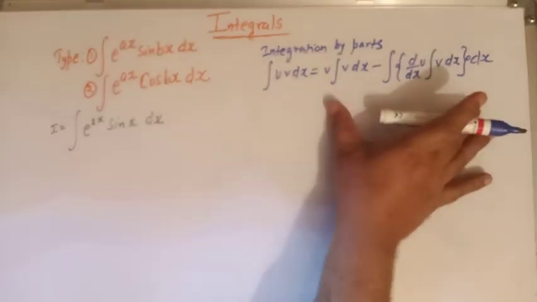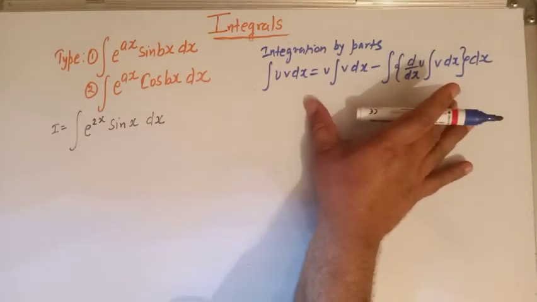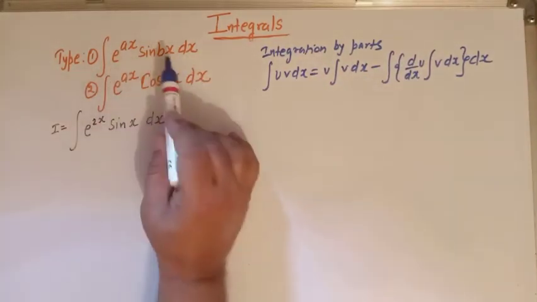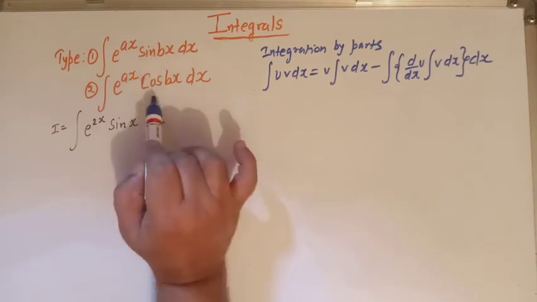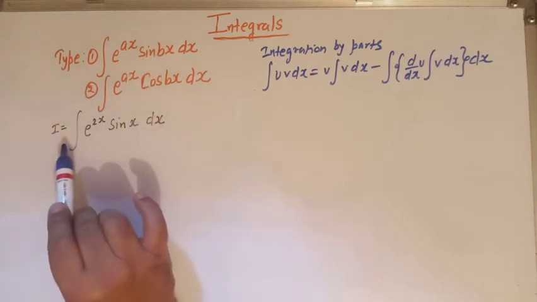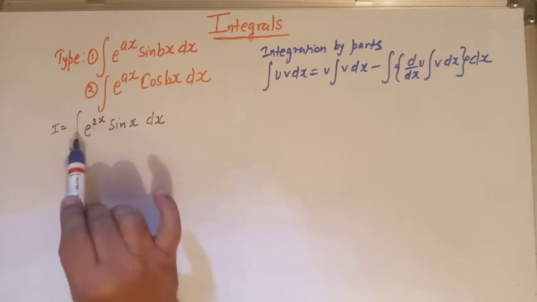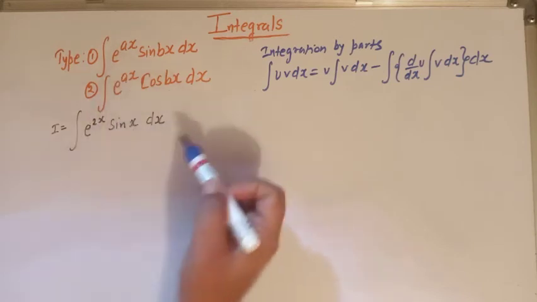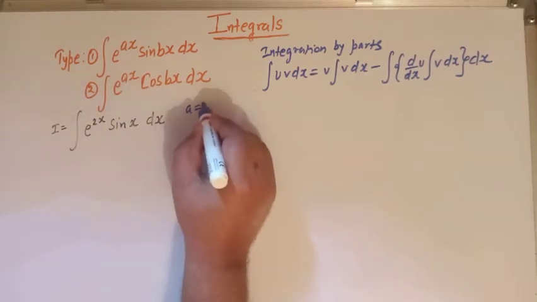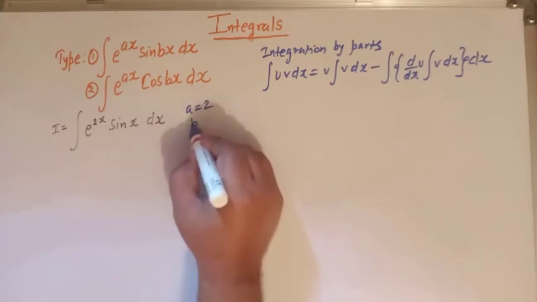Clear? So here we'll make use of this formula to integrate these two functions. Clear? Now here, as an example, I have taken the value of a as 2 and b as 1.